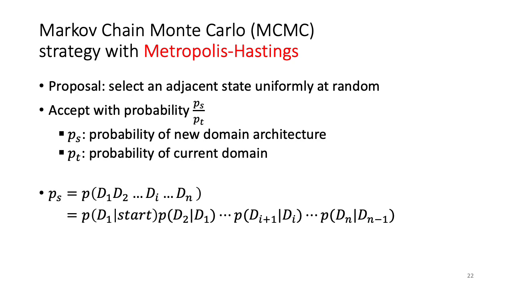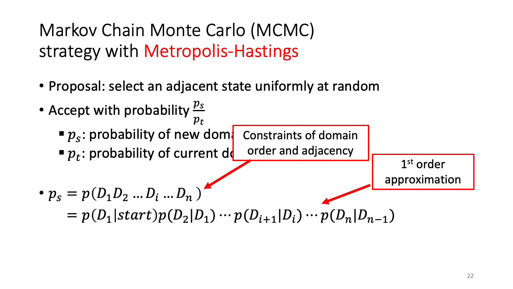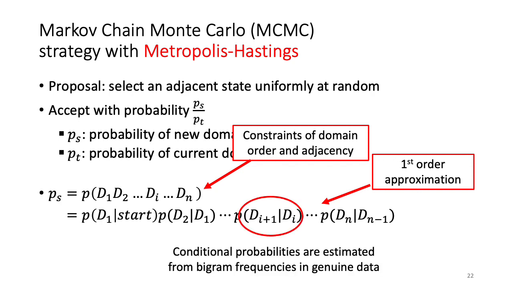And importantly, we want our estimate of these probabilities to reflect the constraints of domain order and adjacency. In other words, adjacent states that obey the constraints better should have a higher probability of acceptance. In the current implementation of our simulator, we use a first-order approximation where the probability of a domain architecture is the product of conditional probabilities. The conditional probabilities are estimated from bigram frequencies observed in genuine data.